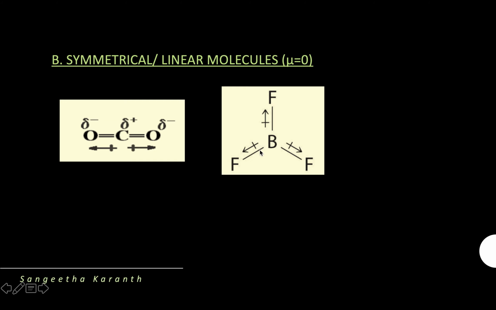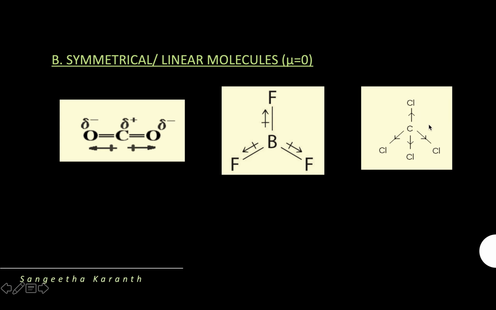The resultant dipole moment of these two bonds will be downwards, that is, the resultant will be opposite in direction to the dipole moment of this bond. Since the dipole moment of this bond is in this direction, the resultant will be in the opposite direction. The two dipole moments will be equal and opposite to each other and hence they cancel each other. So the total dipole moment of the molecule will be 0.